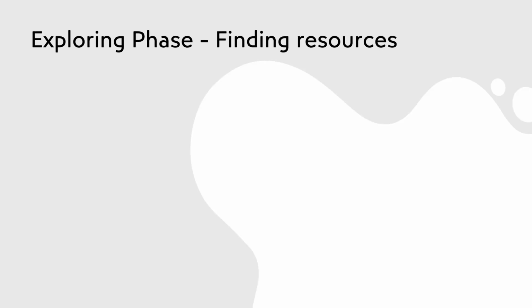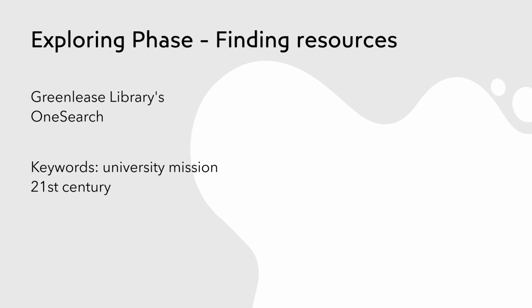In the Finding Resources phase, I'll begin my research by going to the library's website, www.rockhurst.edu/library, and typing in the box to start using the OneSearch Discovery service. I'll start by using the keywords university mission and 21st century in a single text phrase.